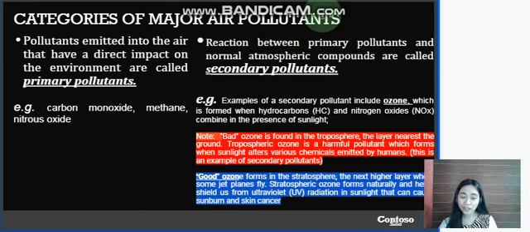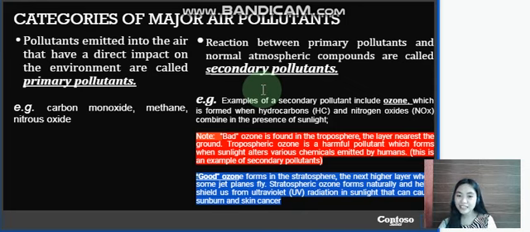Now, we move on to the major air pollutants naman po. Kasi meron silang dalawang categories. May tinatawag tayong primary pollutants, meron naman tayong secondary pollutants. Kung sources ang kanina, ito naman, yun na mismong air pollutants. Kapag sinabi po natin na primary pollutants, these are the pollutants emitted into the air that have direct impact on the environment.